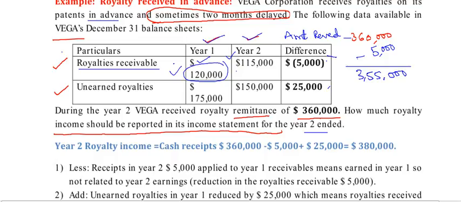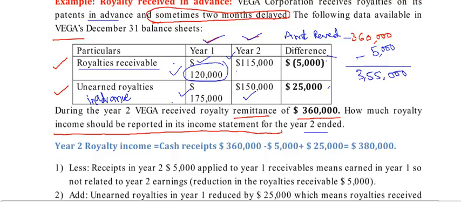Next one, unearned royalties. Unearned means we received in advance, right? Received in advance is 175,000 in year 1. When we come to year 2, it is 150,000, so it is also reduced.